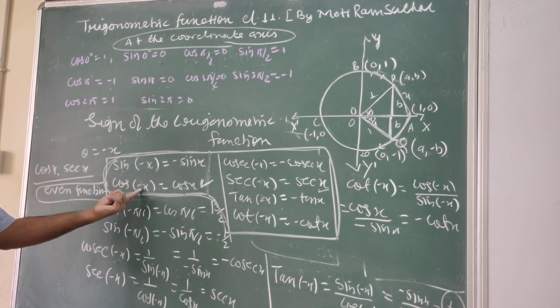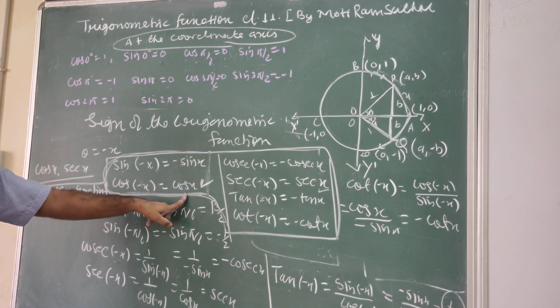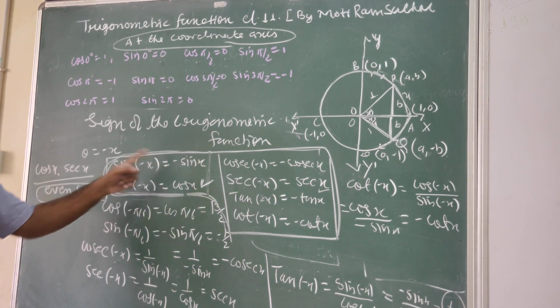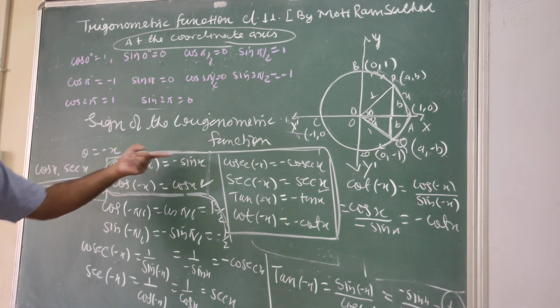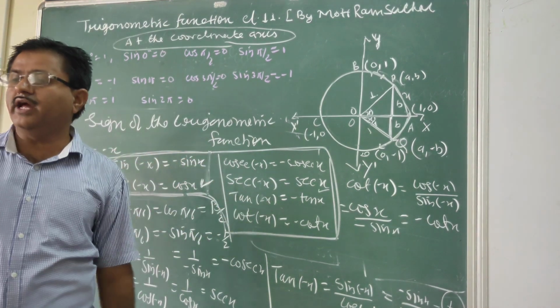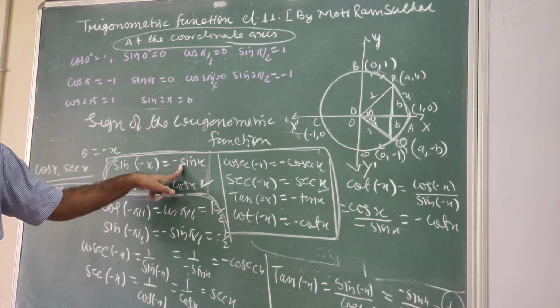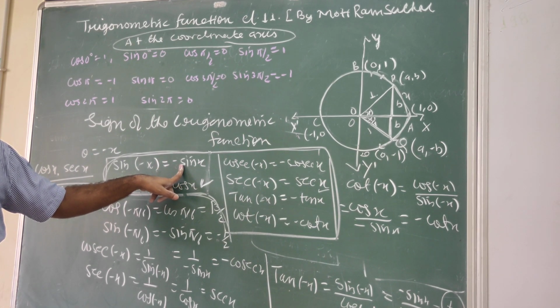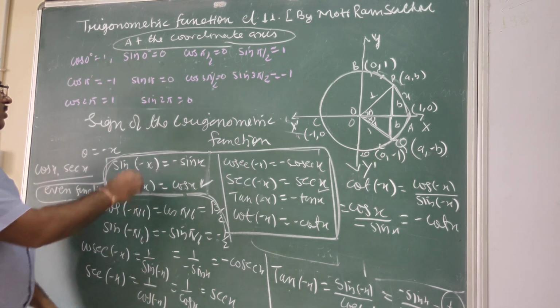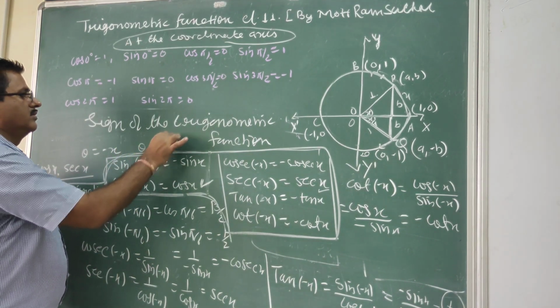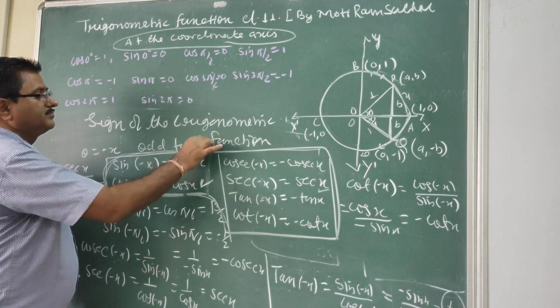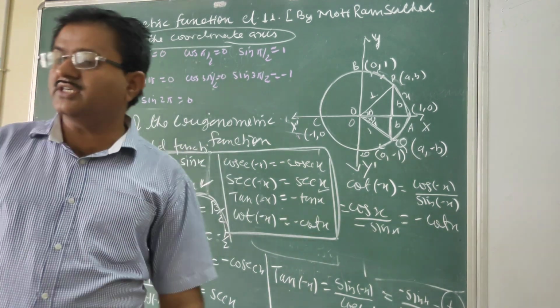Why even? Because their value, if you are finding for the negative theta, will again be positive. But for the other four, sine, cosec, tan and cot, the value for the negative angle will also be negative. So that's why these are known as odd functions. Clear? So this is about the sign.